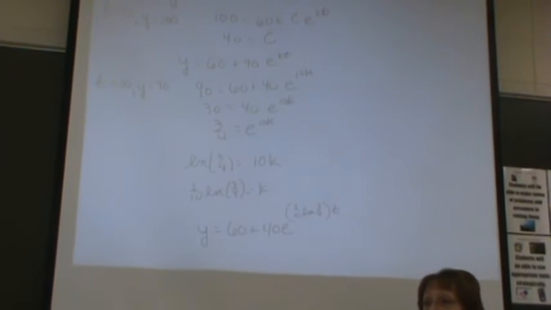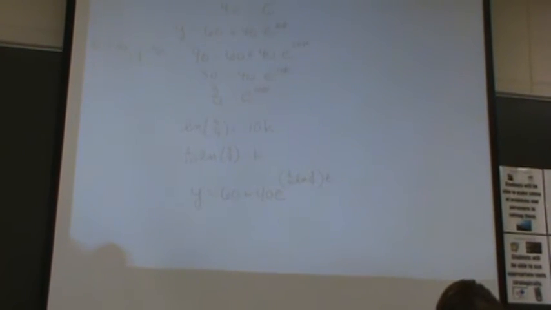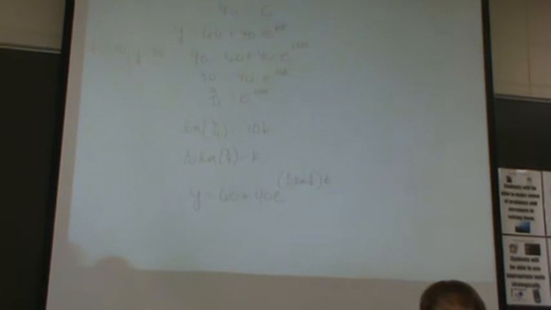We now have an equation, y is equal to 60 plus 40 e to the 1/10 ln of 3/4 times t. So we can now find other temperatures. We want to know how much longer it's going to take to decrease to 80 degrees. Where do we put that 80? In for y.